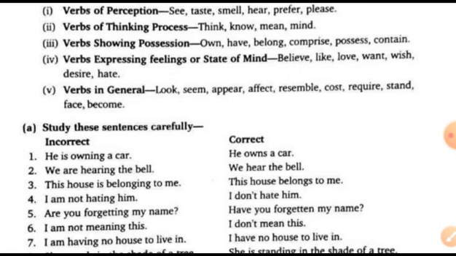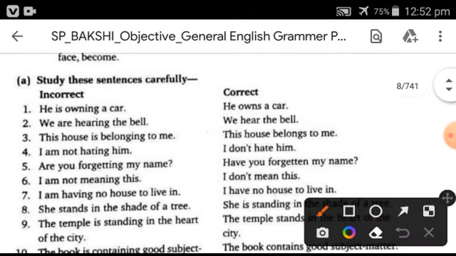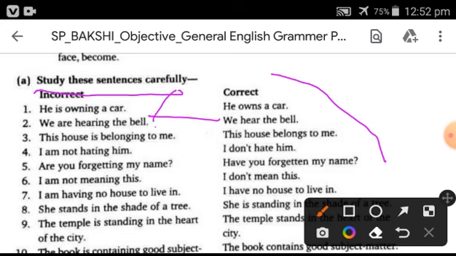Study these sentences carefully. On this side the sentences are written in incorrect form, and on the opposite side are the correct forms of these sentences. Let us check it out. He is owning a car. In the previous slide, own, what does it show? It shows possession, and when we talk about possession we have to use the indefinite form, not the continuous form.